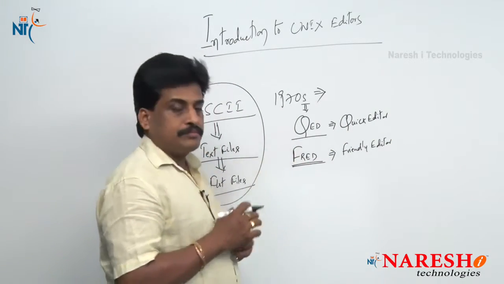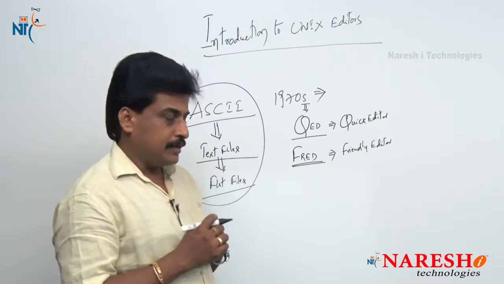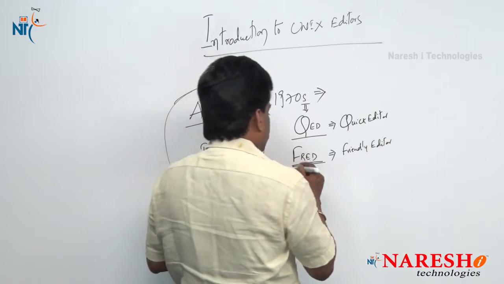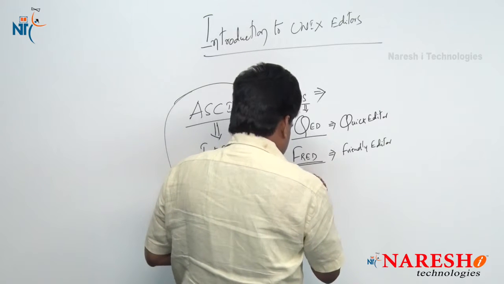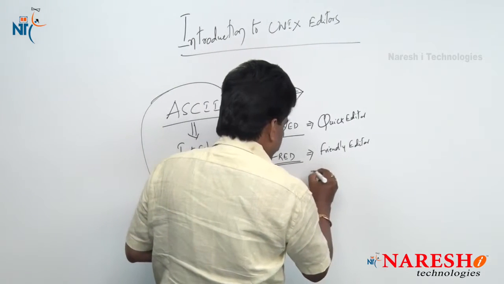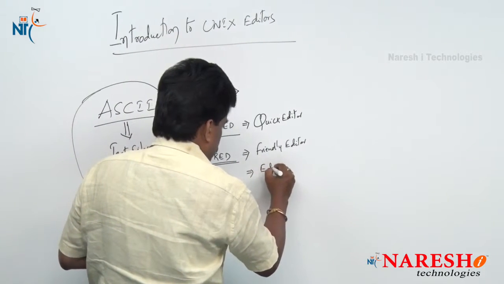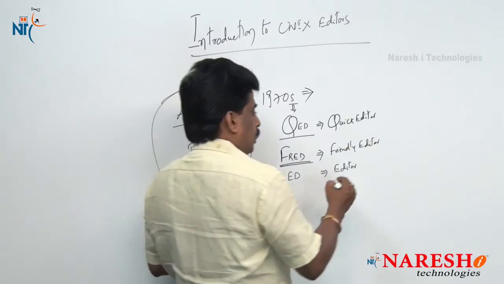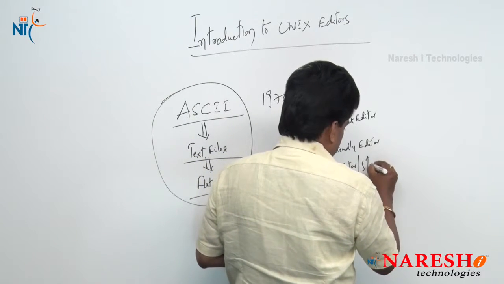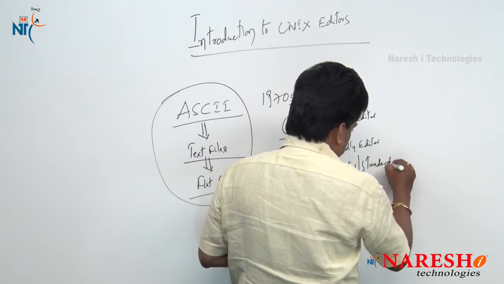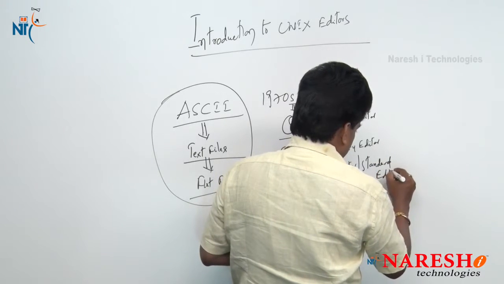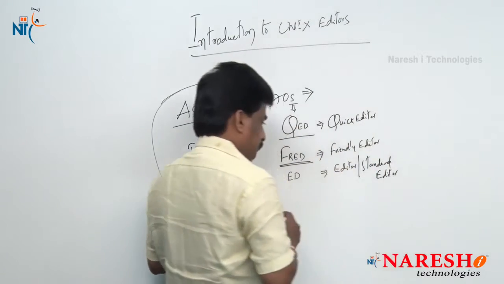Again, there were some more drawbacks in FRED. FRED was later renamed as ED. This is known as editor or standard editor. In some books it is also called standard editor.